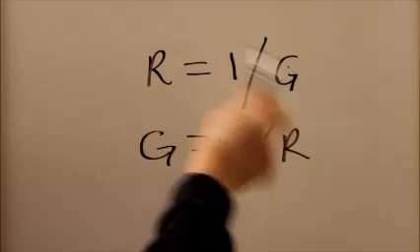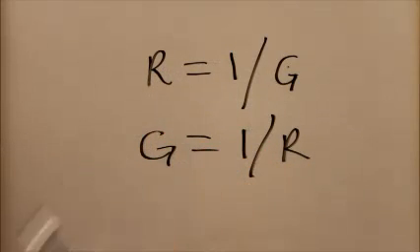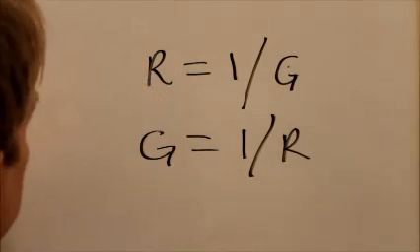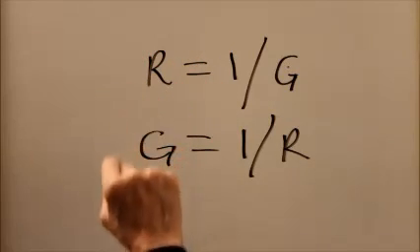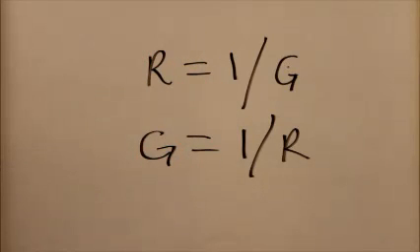But that's only true provided that we use ohms for resistance and Siemens for conductance. If we are presented with units, or we want to convert to units other than ohms and Siemens, for example, kiloohms, megohms, millisiemens, microsiemens, we'll always do best if we convert everything to ohms or Siemens before we make these calculations. Otherwise, we can get ourselves into trouble.